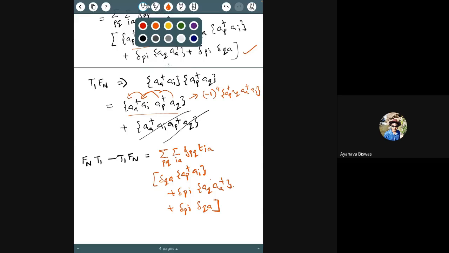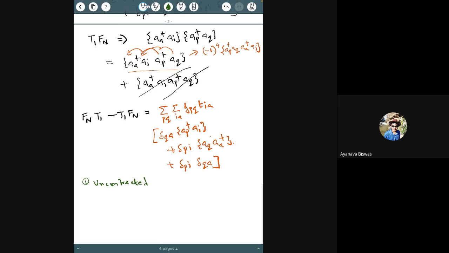That means the uncontracted normal ordered strings from AB and BA will always be the same, and when you take a commutator AB minus BA, they will cancel. That's the first thing that we learn.